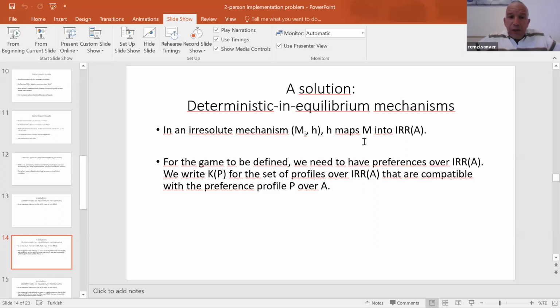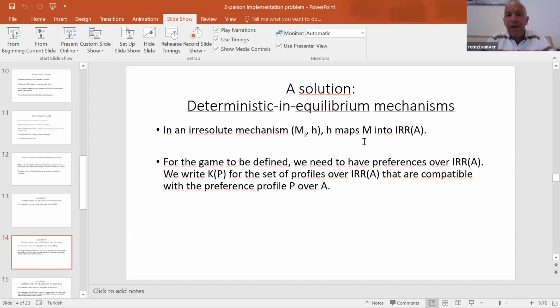So keeping the generality, I define this mapping K of P. P is the preference profile over alternatives, and K of P is a set of preference profiles over the irresolute outcomes which are compatible with P. So for example, if P is my preference profile over the alternatives, then K of P is some set of preference profiles over sets which are compatible with P, whatever it may be.